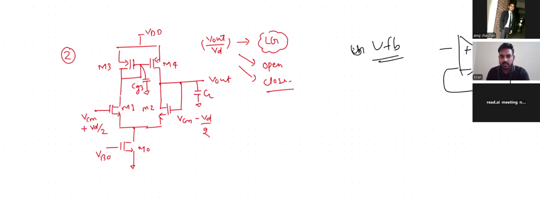I will say for this one, R equivalent. The pole due to the CL cap is CL times R04 parallel with R02.